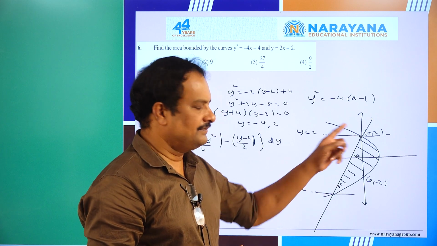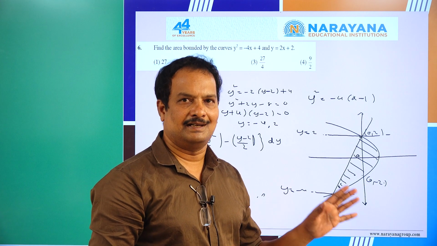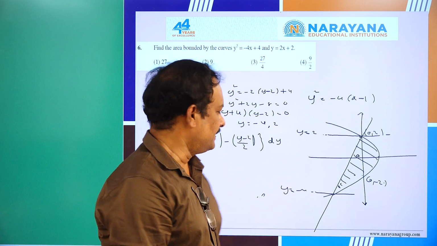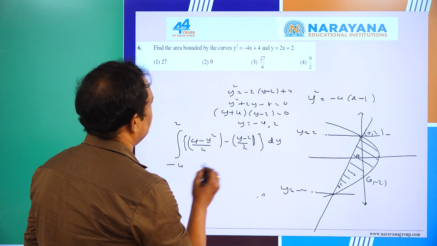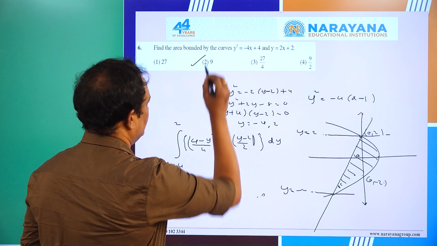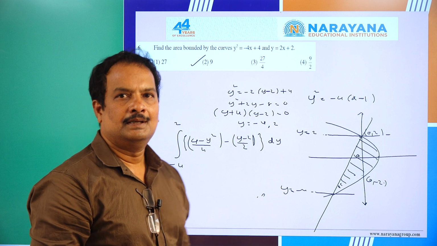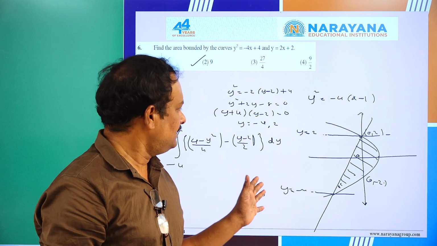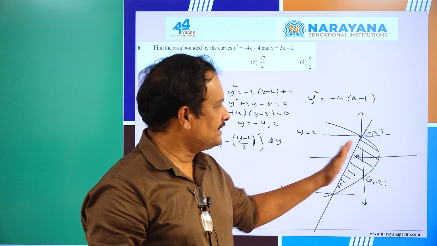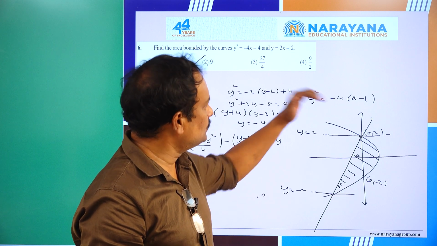Here, through the points of intersection, you can't take the vertical lines so that the entire area is lying between them. That's all. So when you simplify this, you are going to get the value 9 here. So simply upper curve minus lower curve, but the limits are from -4 to 2 there.